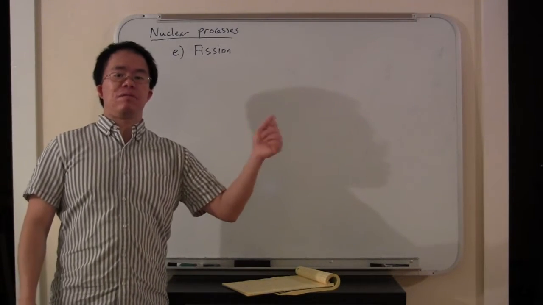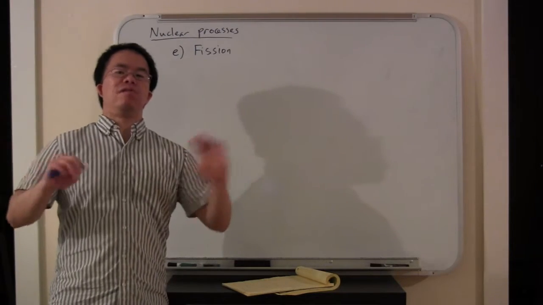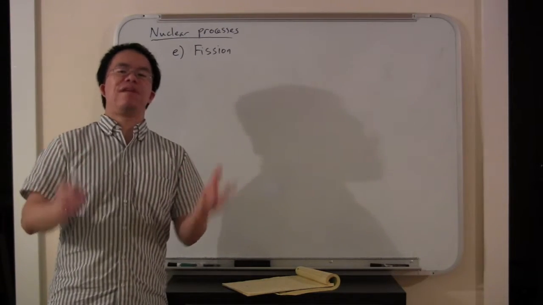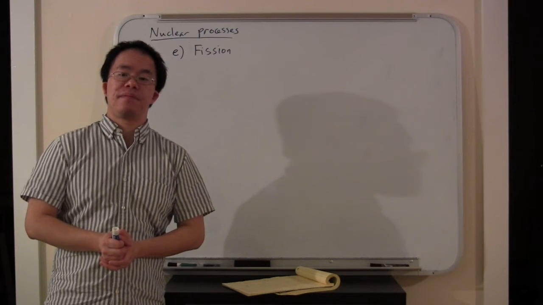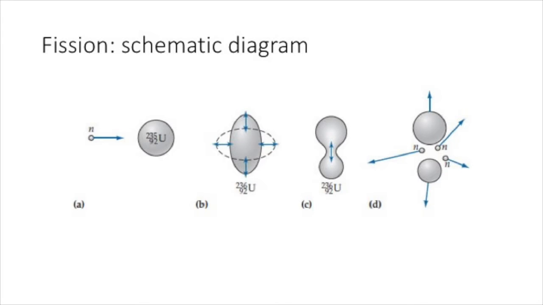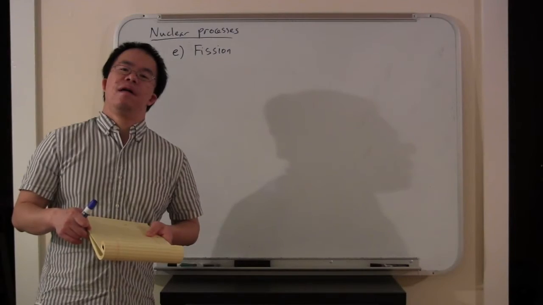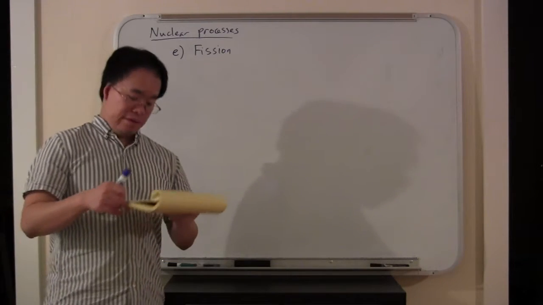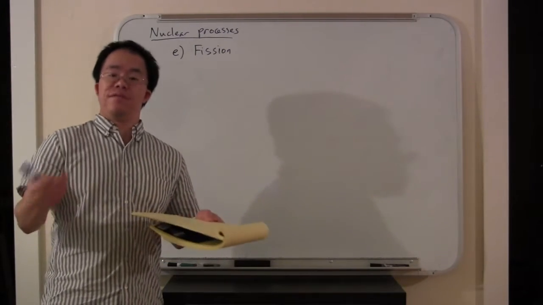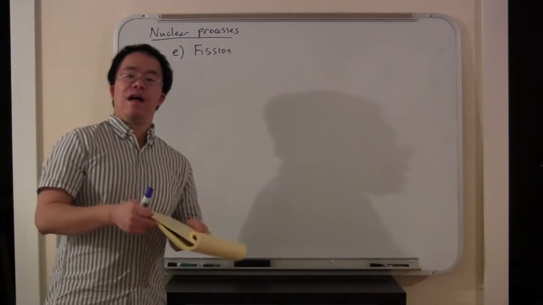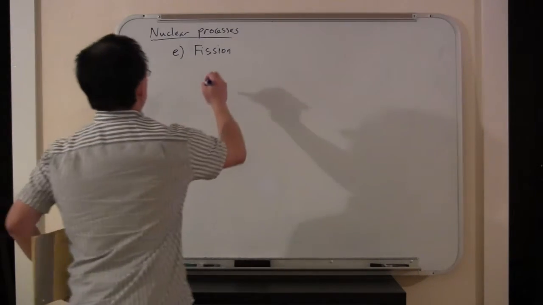I'll go to a slide where I have a cartoon of what you can sort of think of this as looking like. An example of fission is the fission of uranium-235, and that's a process that looks like this.